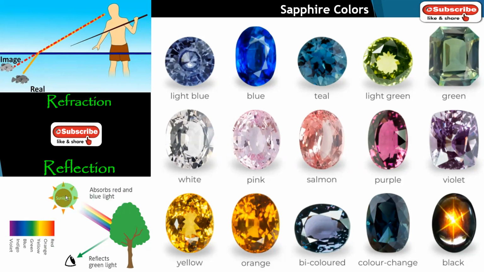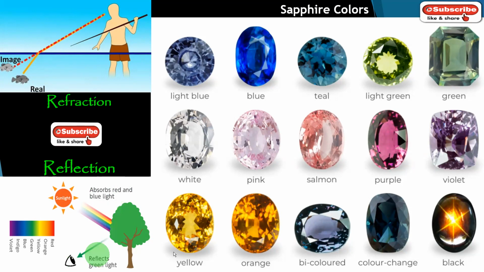Now this is sunlight. Sunlight comes with this spectrum: red, orange, yellow, green, blue, indigo, violet. These are the 7 colors we know. Then light comes to these leaves. Then they absorb the red color and the blue color, and the green is reflected.